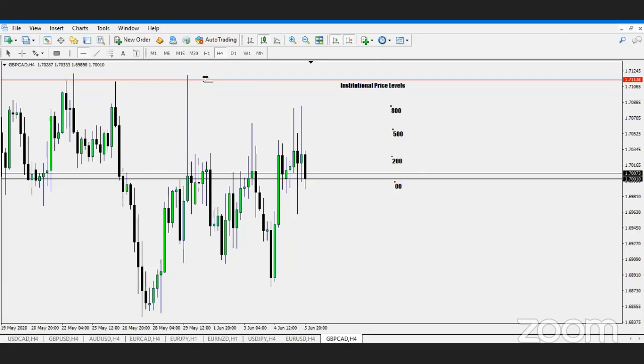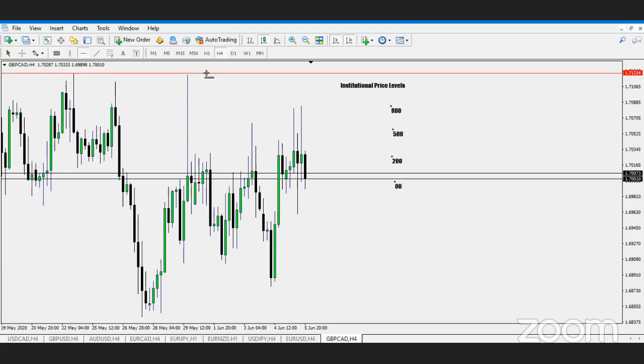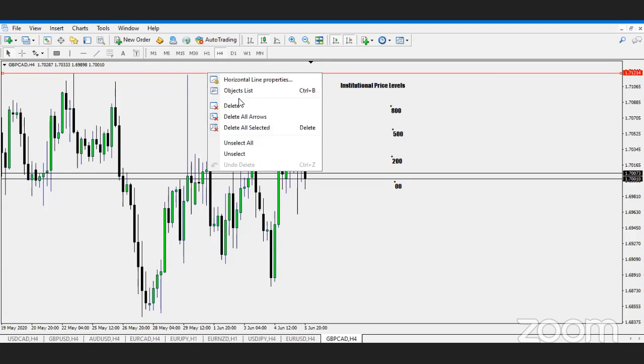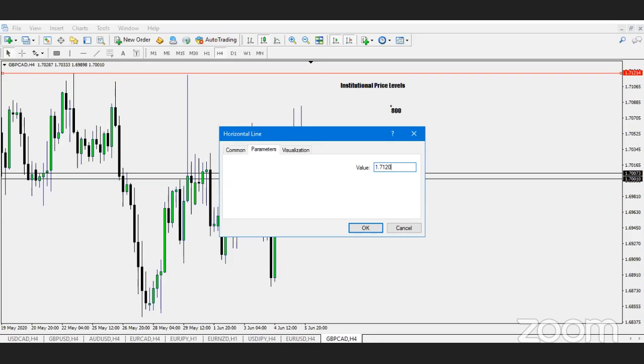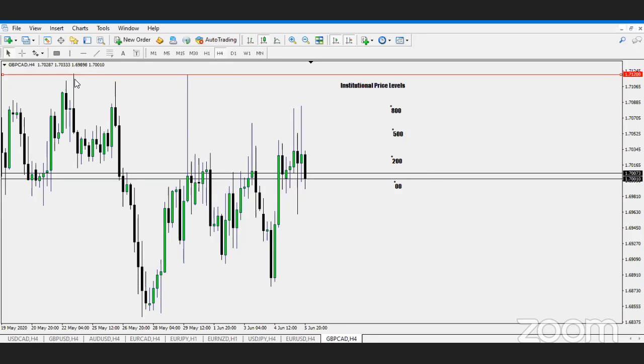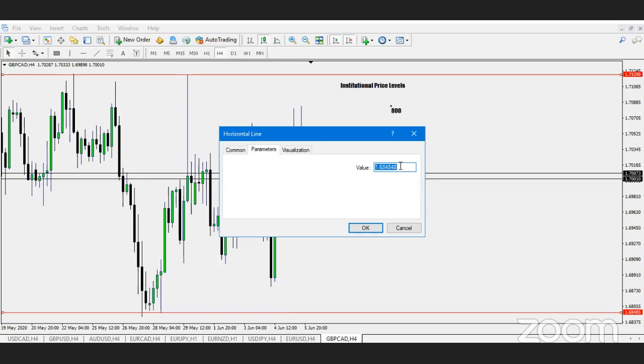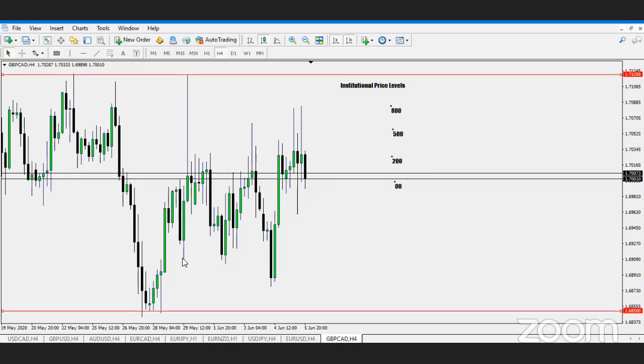To start off, we will start with the 200 at the top here, because we can see that this was the first institutional price level that price rejected off at the top. Then at the bottom, we can see that price intersects with this 500 level.